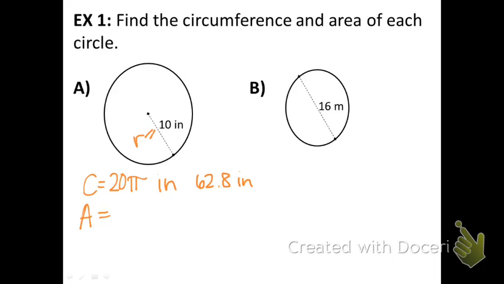So for our area, we would take pi r squared, so 10 squared, which is 100 pi. You could multiply that and get 314.2, I think it is, inches squared, or you can just leave it in terms of pi.